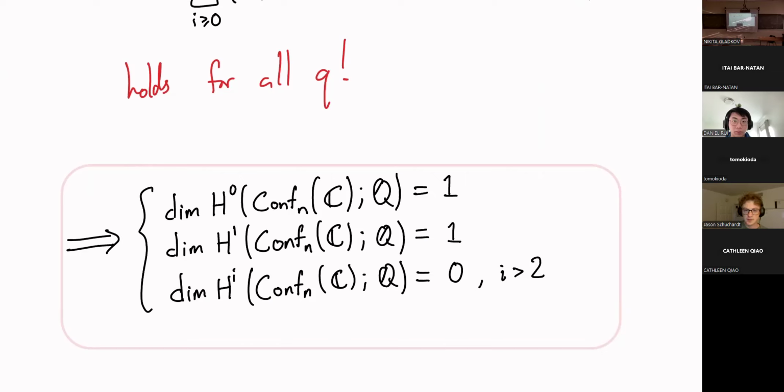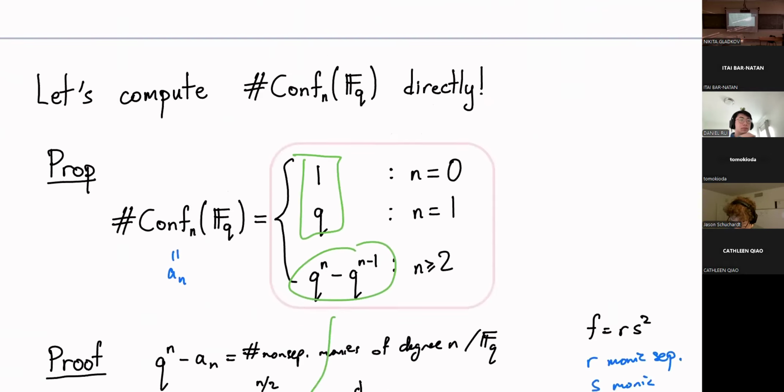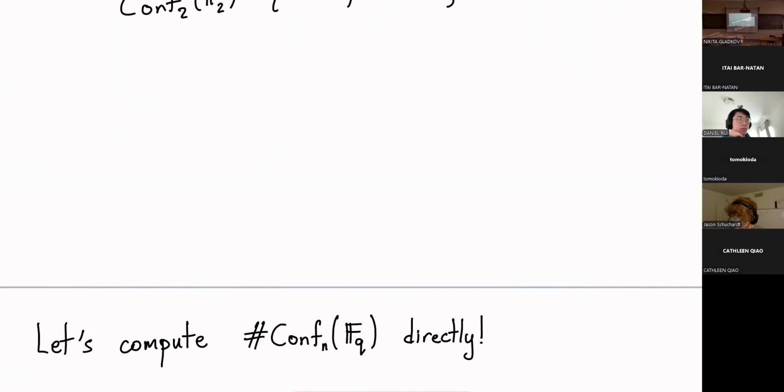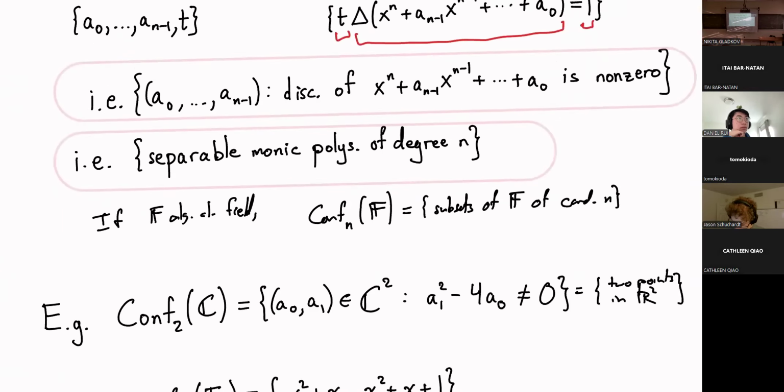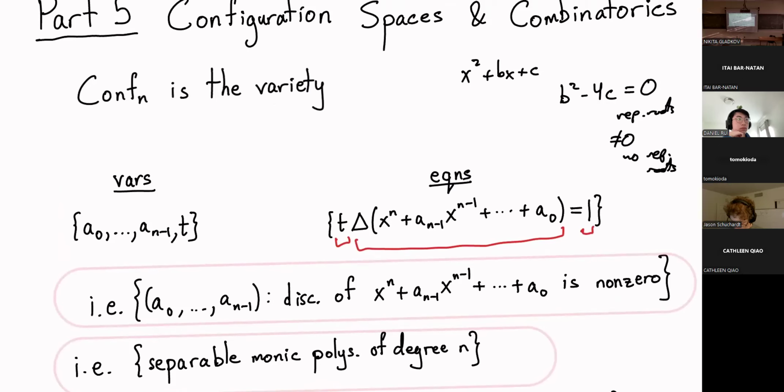Could you review the definition of Conf_n? Yes. I can scroll up to it. Here's this guy, and I can write out what it is as a variety.